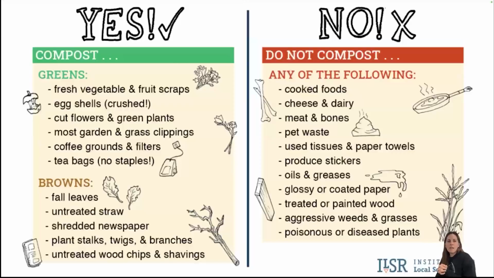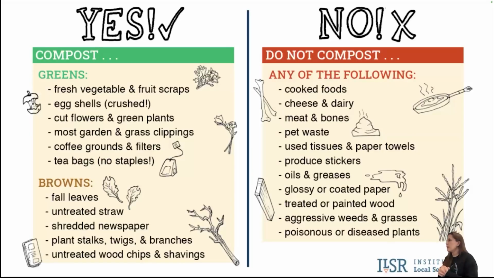All right, so then what goes into a worm bin is very similar to what can go into a heap. And so if I could bring your attention over to the no side, that includes things like cooked foods, cheese and dairy, meat and bones, as well as, skip down to, used tissues and paper towels. So used tissues and paper towels have a lot to do with worm sensitivity.